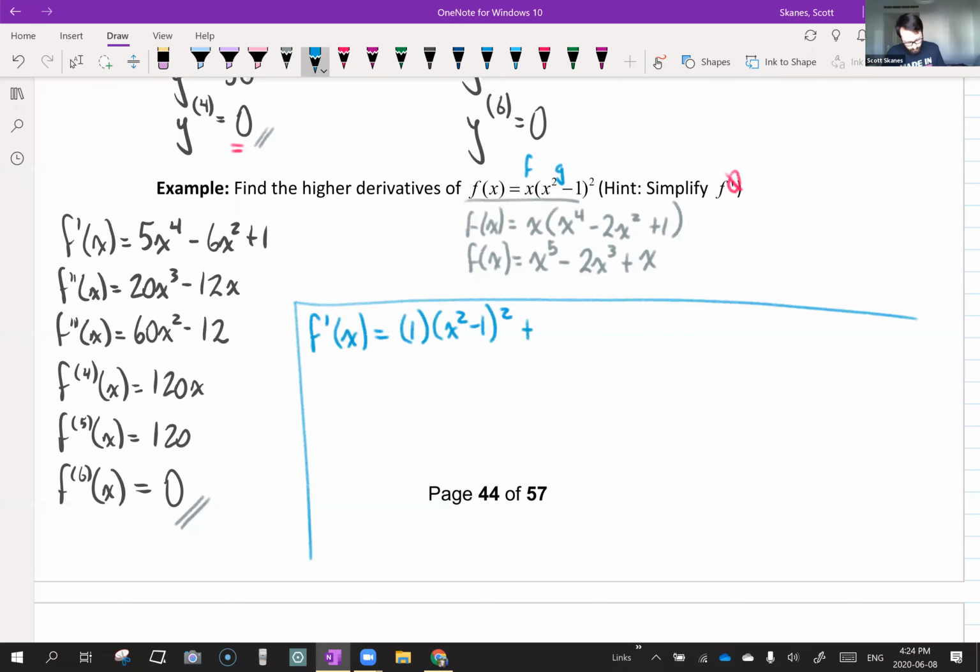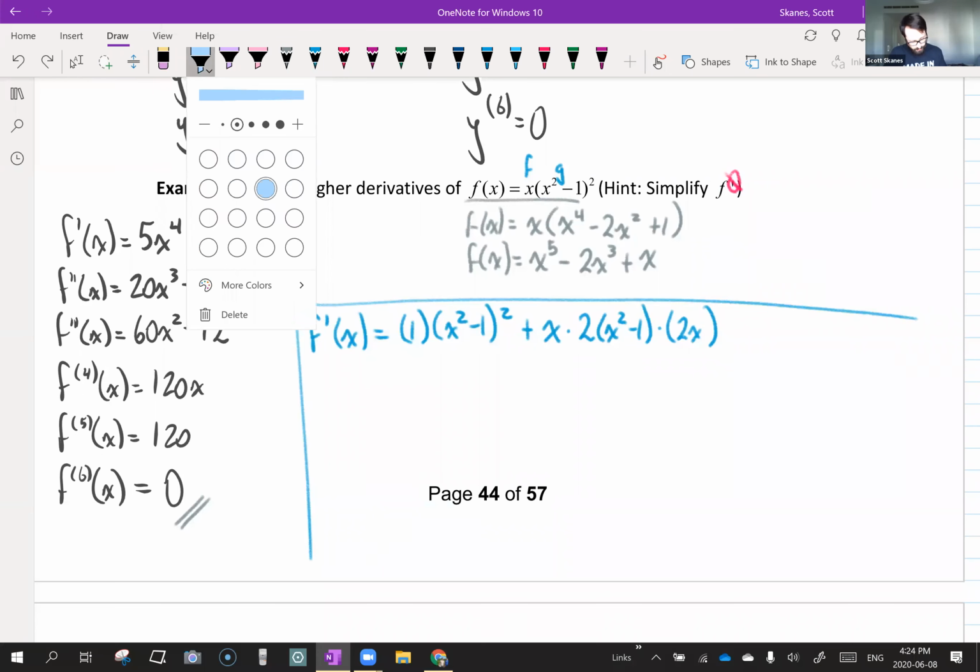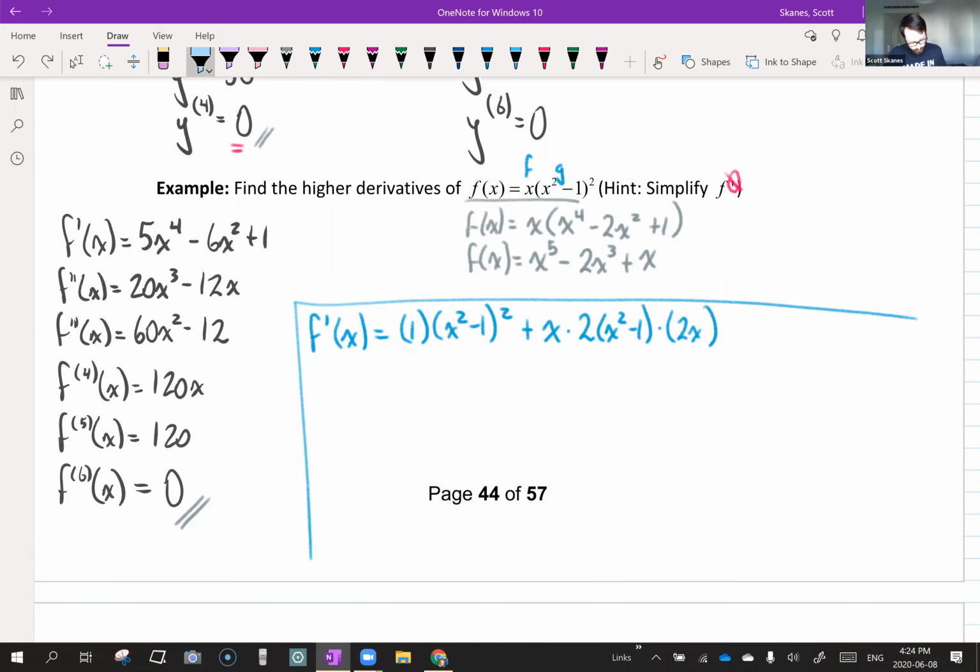Plus the first one. And then the derivative of the second one, bring the 2 down, keep the inside the same, get the derivative of the inside. You would have to keep simplifying that until we have a better answer. Because it says here, look, simplify the derivative. So we'd actually have to go further, and we'd have to multiply these out.